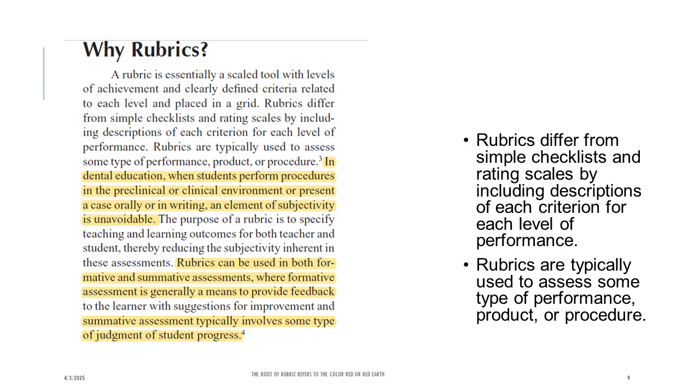And rubrics are typically used to assess some type of performance, product, or procedure. So every rubric is used to typically assess some type of performance. What is the performance? What is the product or the procedure?